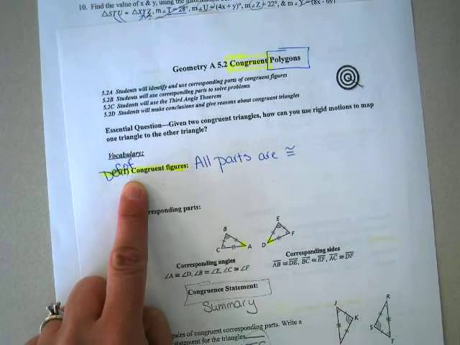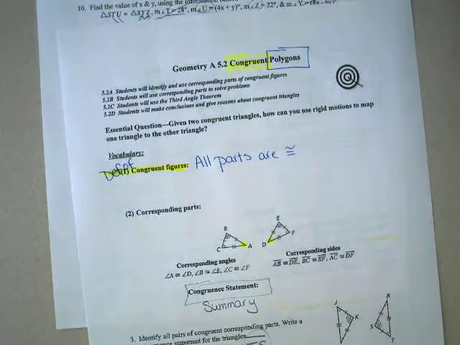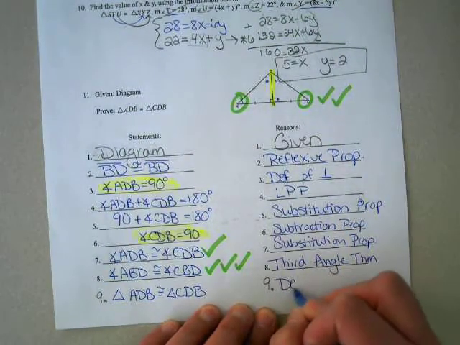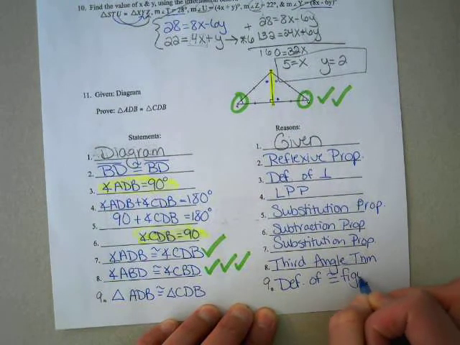Yeah, the definition of congruent figures basically says, show me their parts are equal. Show me every part is equal, and I will agree that they're equal. So you just have to say definition of congruent figures.